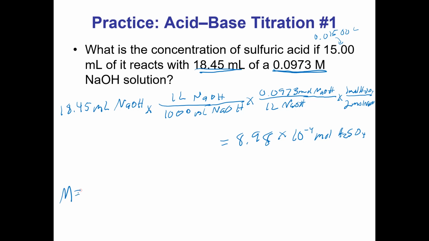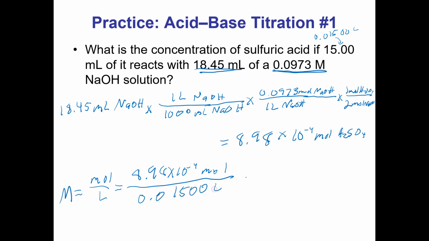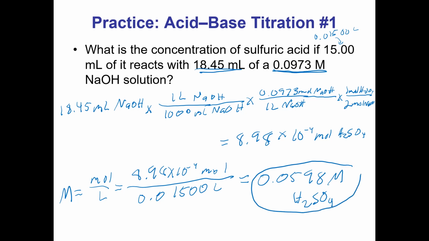So if we want to calculate the molarity, molarity as moles per liter, we take 8.98 times 10 to the negative 4th moles, divide that by 0.01500 liters. And if you divide that out, that comes out to 0.0598 molar sulfuric acid.